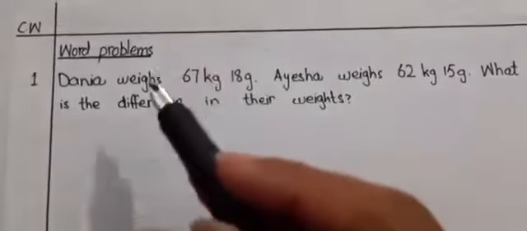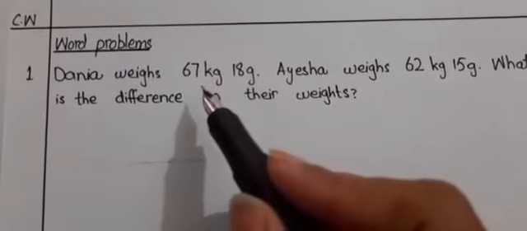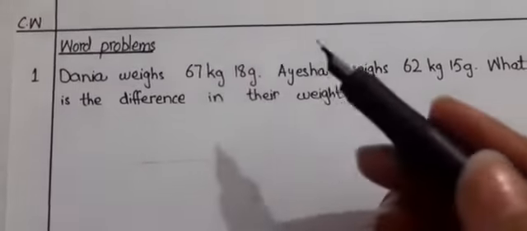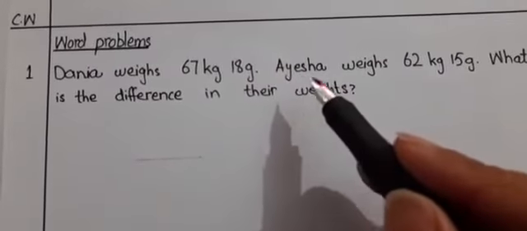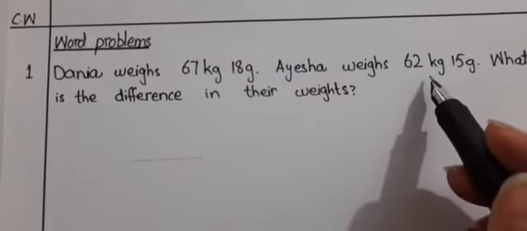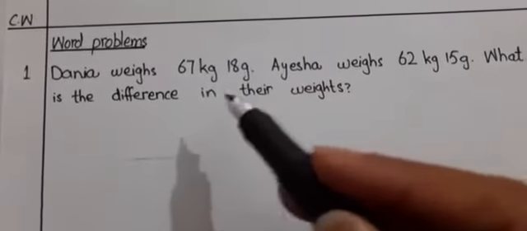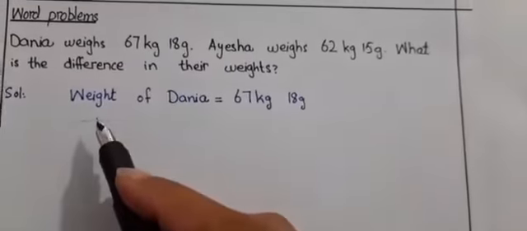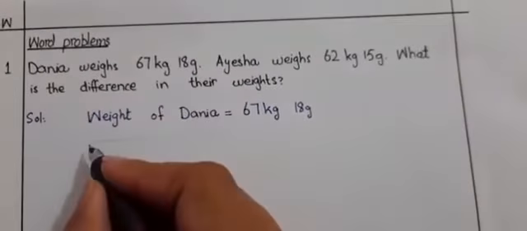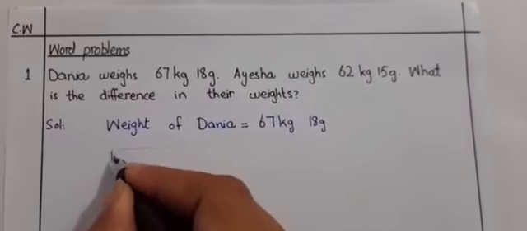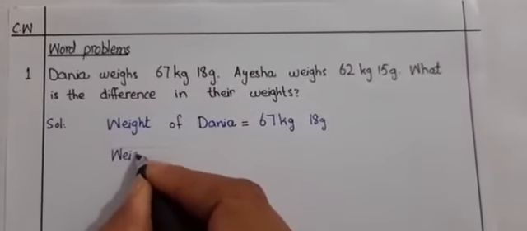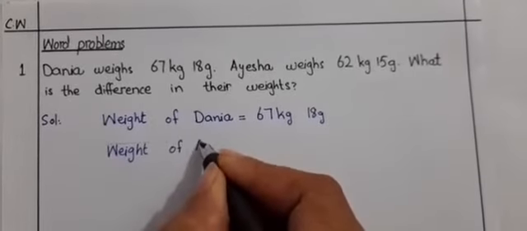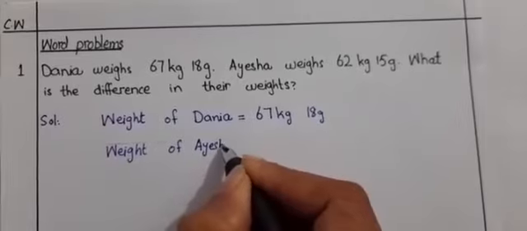First we will write weight of Dania. In our first statement, that will be equals to 67 kg 18 grams. In the next statement we will write weight of Aisha.